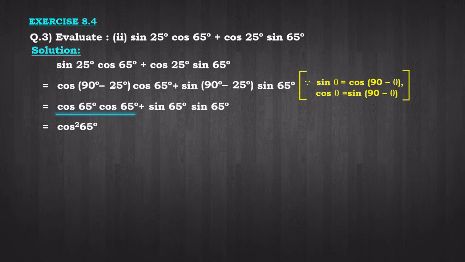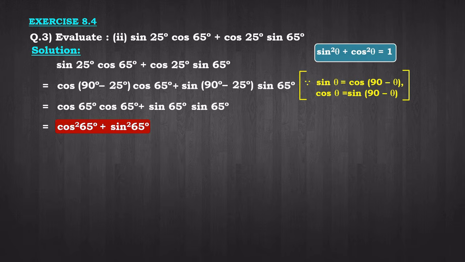Now substitute these values into the expression. The expression becomes cosine 65 degrees multiplied by cosine 65 degrees plus sine 65 degrees multiplied by sine 65 degrees. This simplifies to cosine squared 65 degrees plus sine squared 65 degrees.